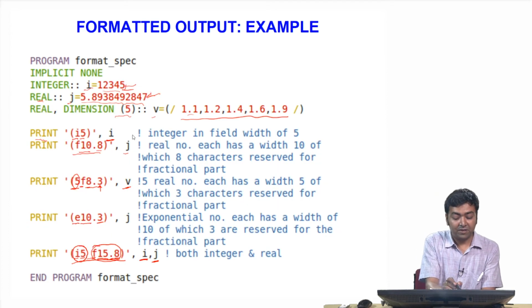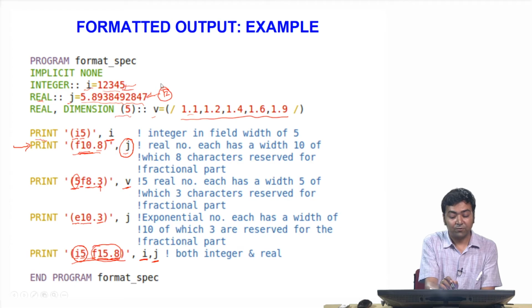Now, the second print statement in the code writes the number stored in j, and I use 10 places for that, out of which 8 will be after the decimal. And as I told you before, the number j requires a total of 12 places to print it.